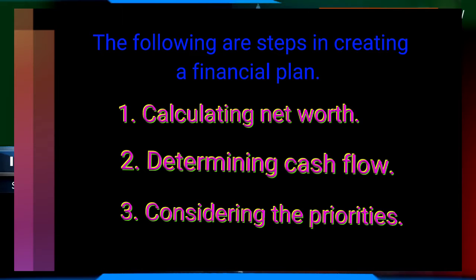Third, long-term investment plan based on specific investment objectives and a personal risk tolerance profile. And fourth, tax reduction strategy for minimizing taxes on personal income allowed by the tax code.